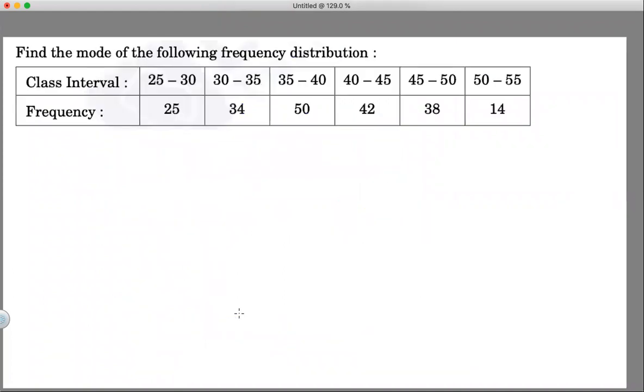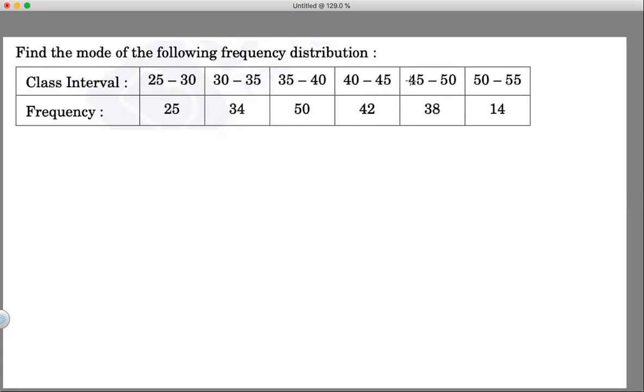Find the mode of the following frequency distribution. So what all do we need to do to find the mode? The very first thing we need to check is our data. Is it organized properly? Okay, it is sorted and it is continuous.